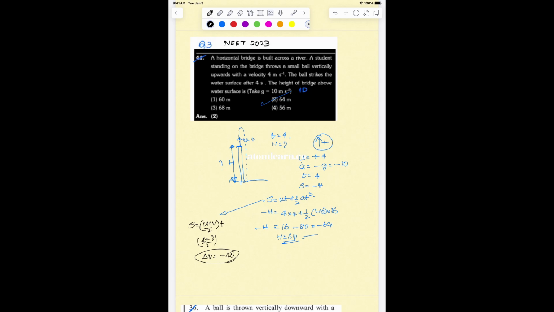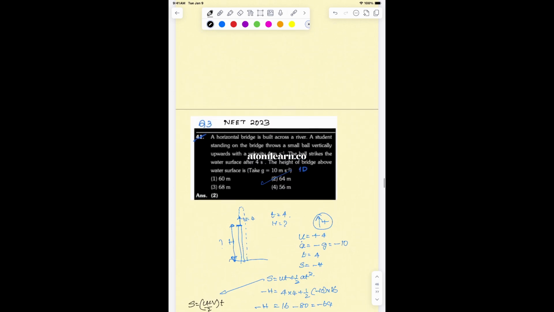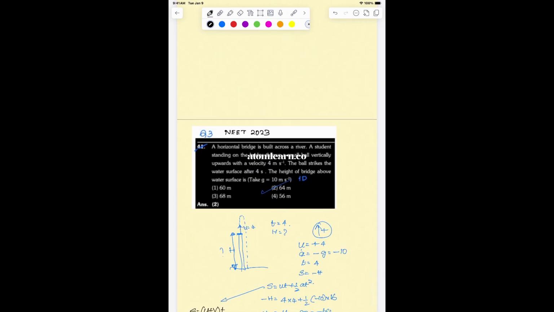Is it possible to do the calculation mentally? Yes, very much, because the numbers are very simple. There are no big decimals or fractions involved. It is known that g equal to 10, so the reduction in velocity is 10 units every second.